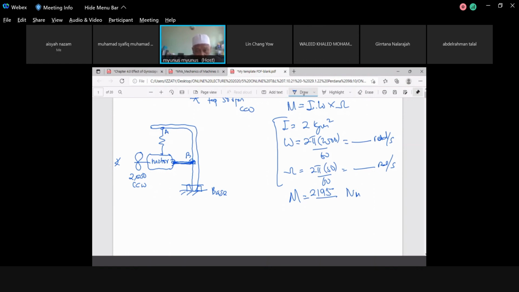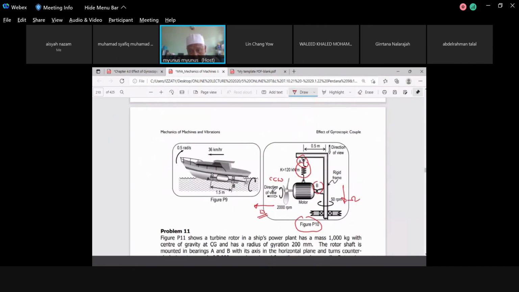And you know that this M is equal to F multiplied by the distance between A and B, correct? Because the pin is on A and B. If you go back to the figure, A and B have a distance of 0.5, from this one to that one. So this distance will affect the deflection.